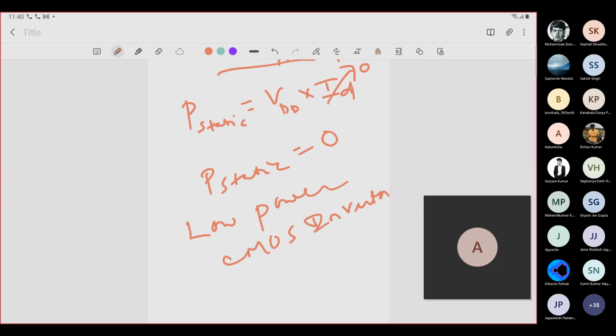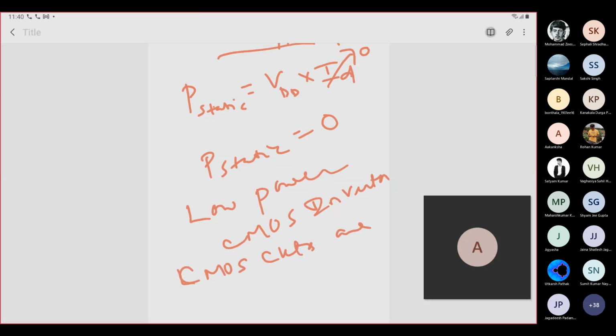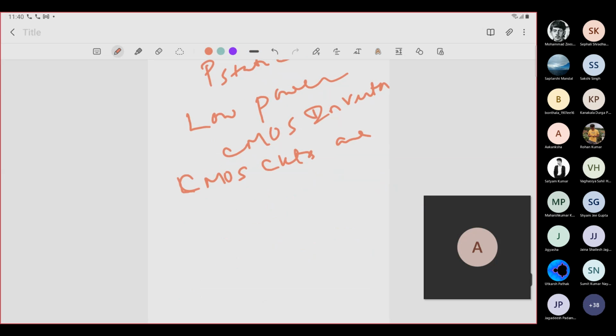So that's why CMOS circuits are said to be low power. Compared to NMOS and PMOS circuits also, it is low power.